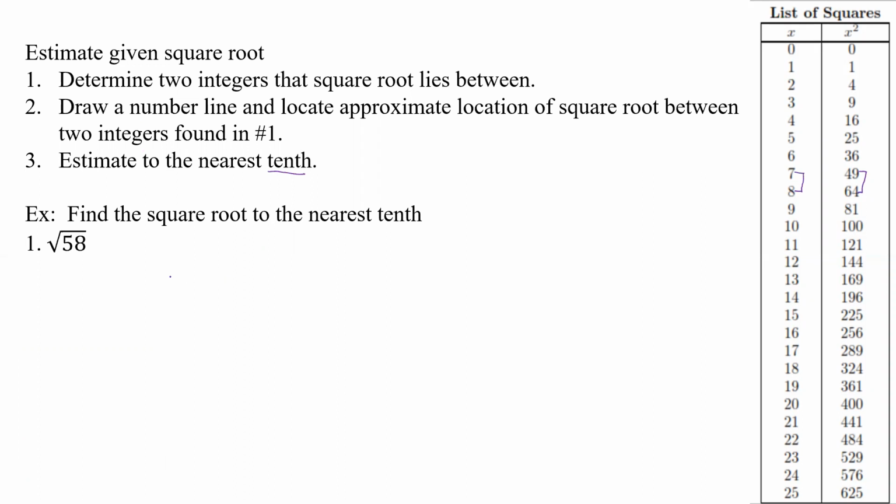And so I'm going to draw a number line. So this end is going to be the low number, 49. And the upper end is going to be the 64. And so I have to figure out how many spaces are going to be in there. I might not actually label that last one as 64.